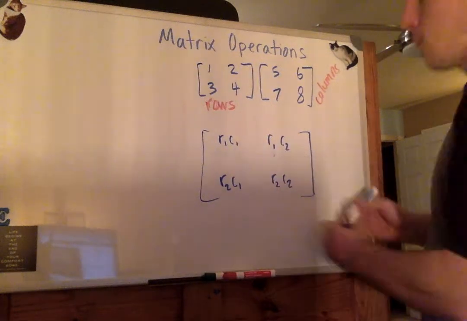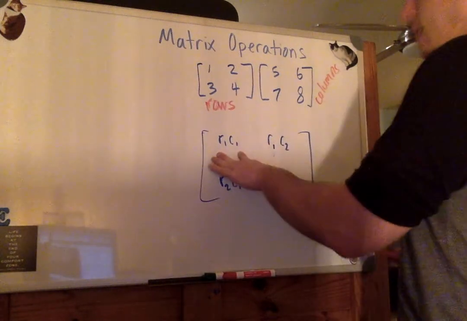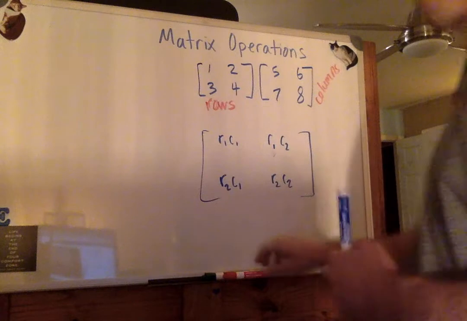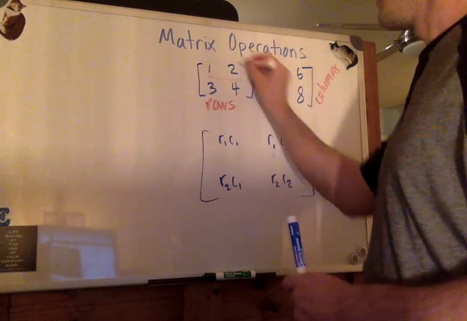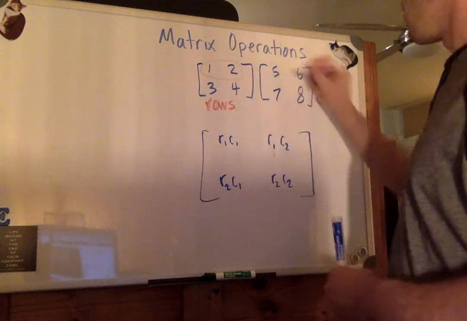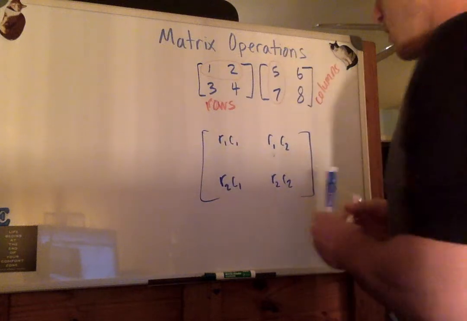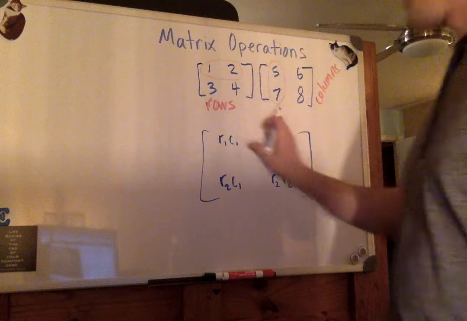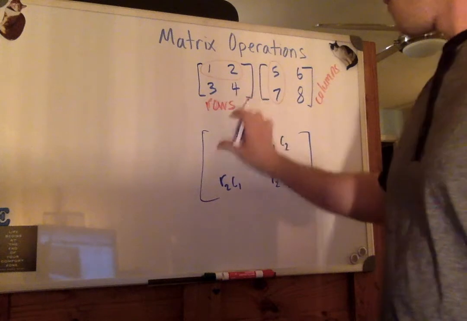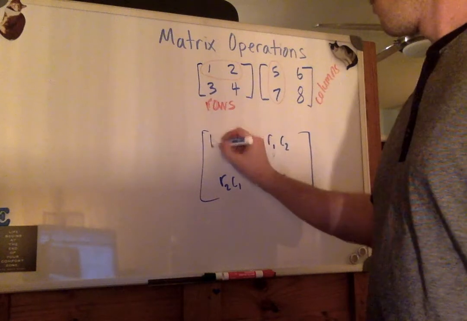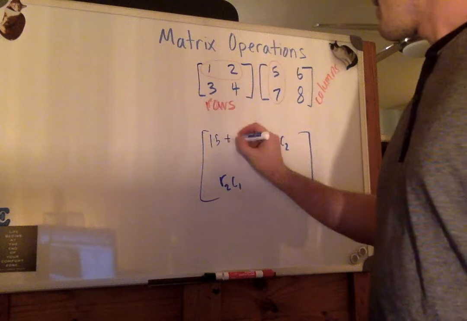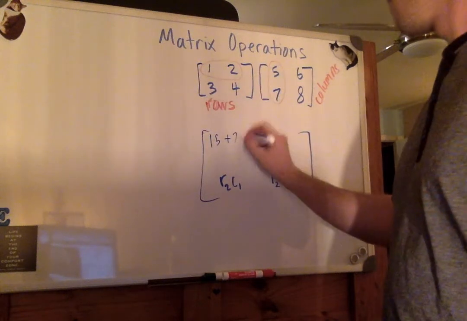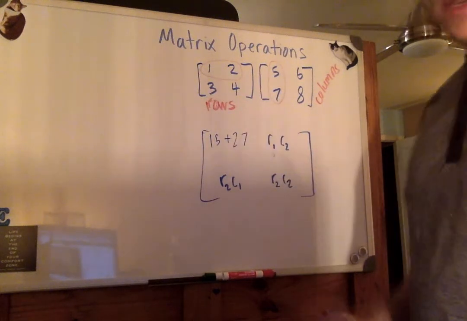So this first one, the top left box of my matrix, is going to be based on row 1, which is these two terms, and column 1, which is these two terms. So what I will do is take 1 times 5 and add it to 2 times 7. Bizarre.